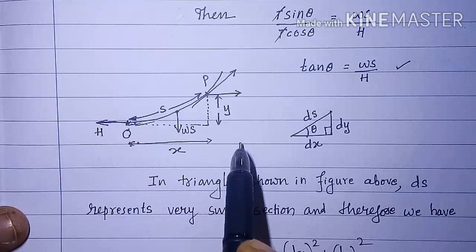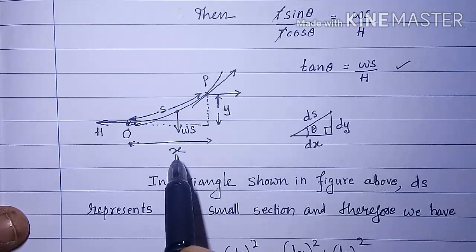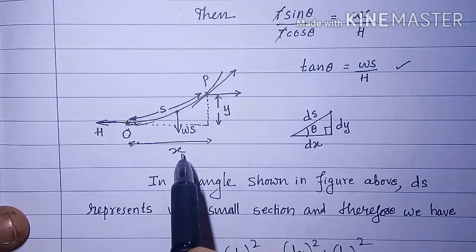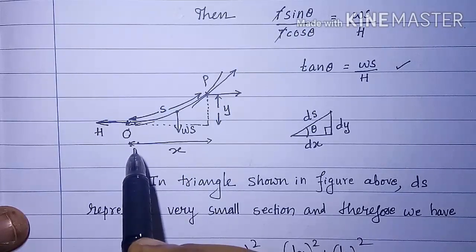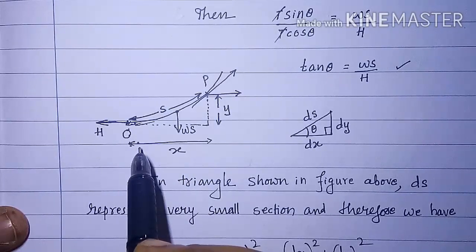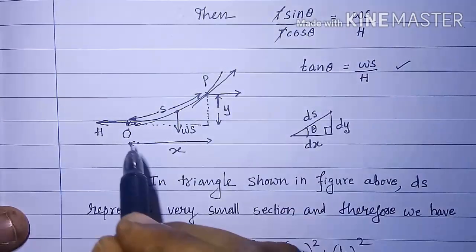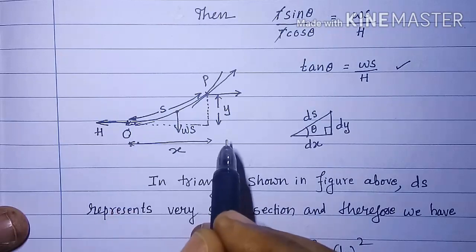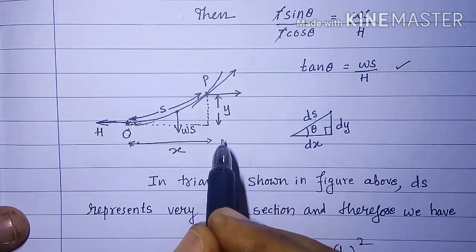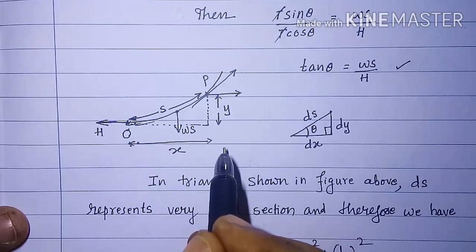And for the highest point, the x value will be equal to L by 2 because the span, that is the distance between two poles, is capital L, and from this midpoint to go up to the supporting point, you will have to travel capital L by 2 distance in the direction of x.